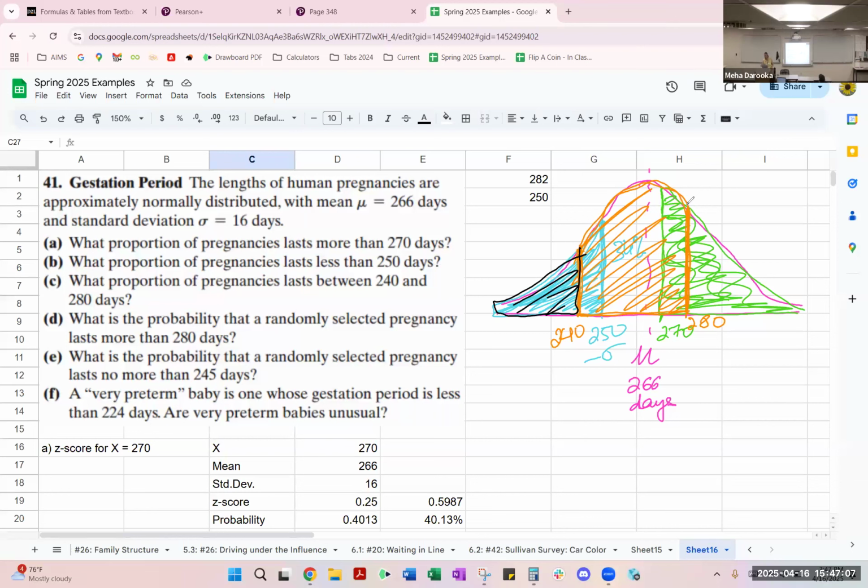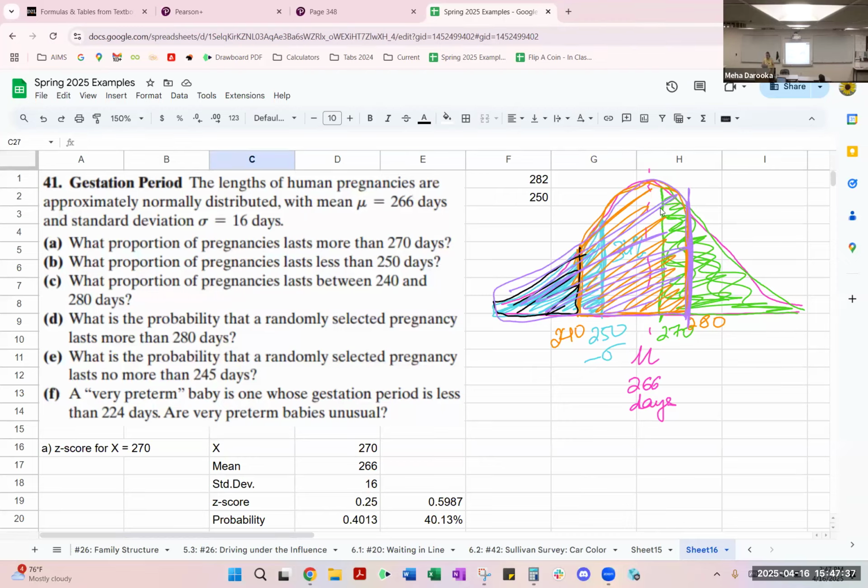When we do the area to the left of 280, which would be here, that would give you all of this. You will see how that black overlaps with the purple. So what you're actually going to do is find the two probabilities, and then subtract them to find the in-between value. That's what we're going to be doing over here.